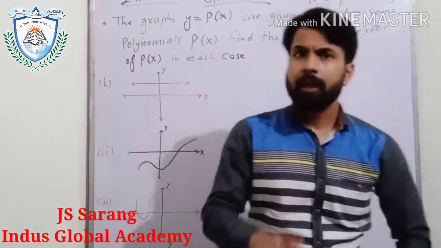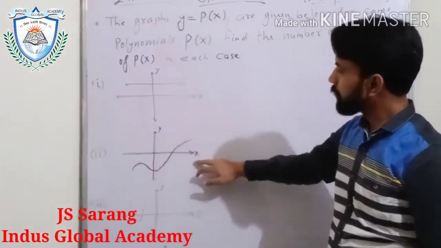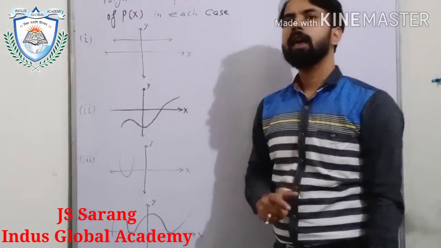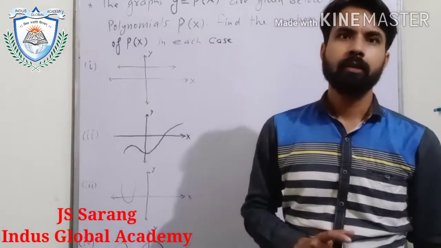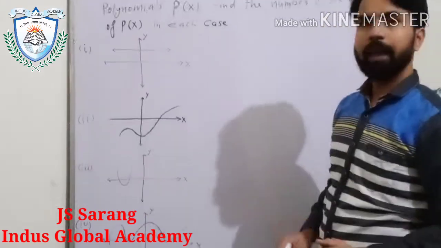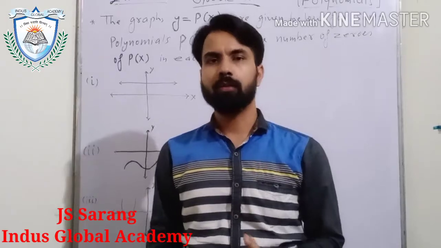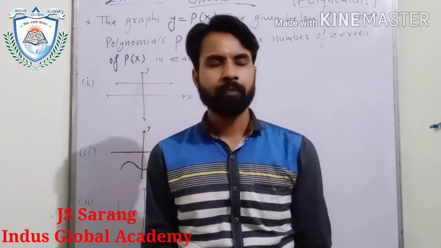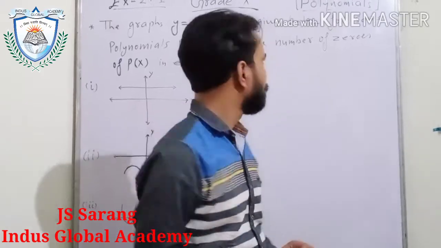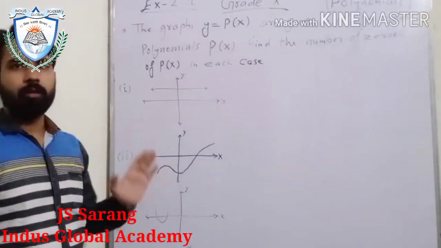Students, here the graphs of some polynomials are given and we have to find out how many zeros are there. Understood? So how can we find out the number of zeros by the graph of a polynomial?